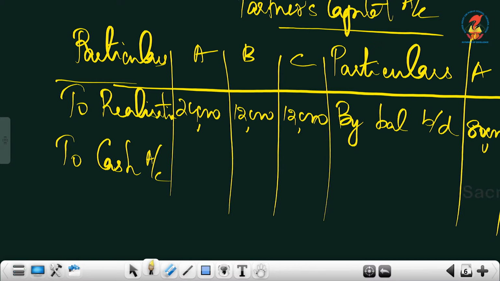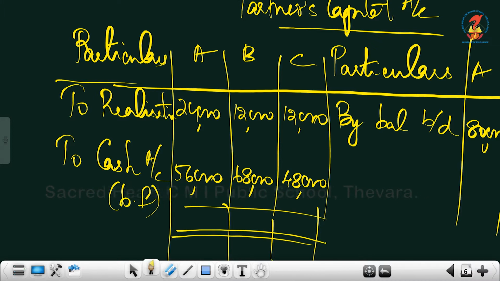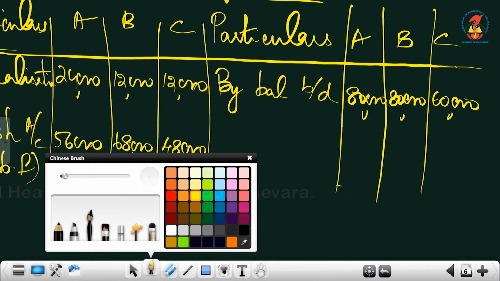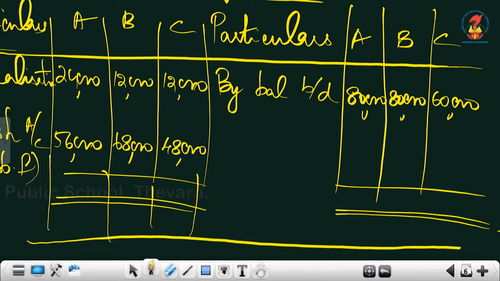And the balancing figures are 56, 68, 48. These are the balancing figures which we wrote as to cash. With this your account is over. You can close the account.